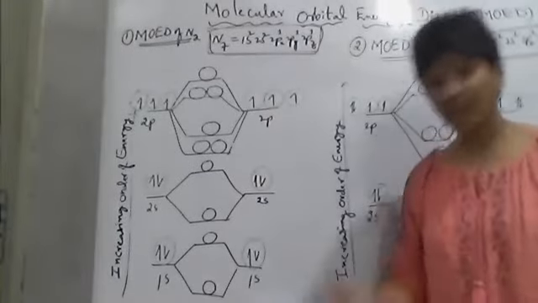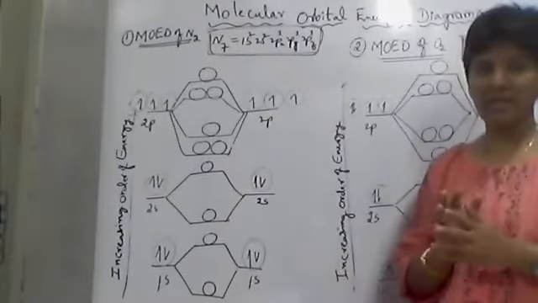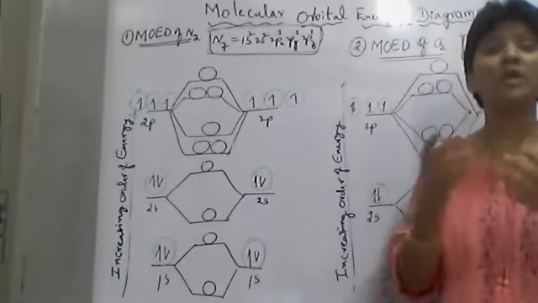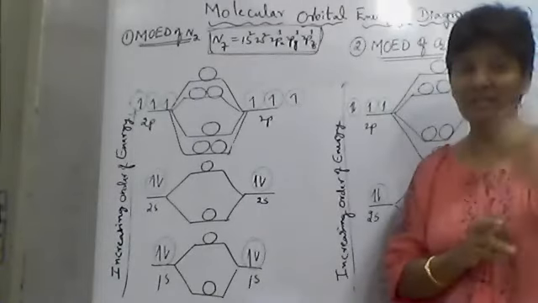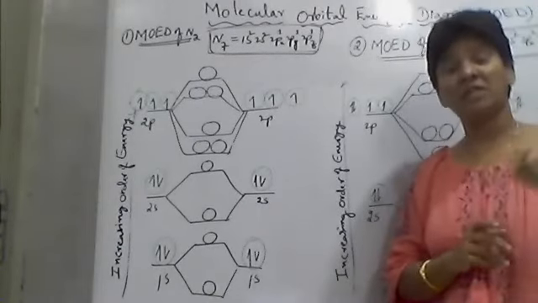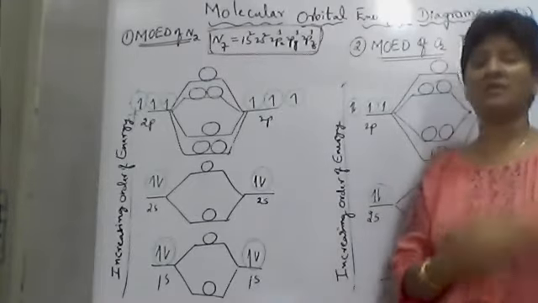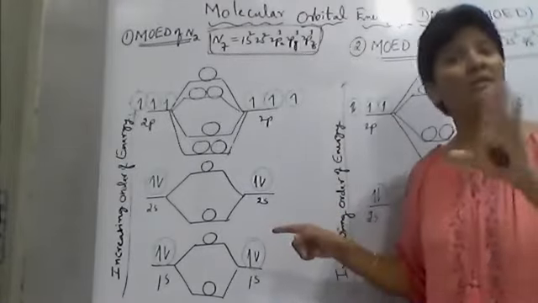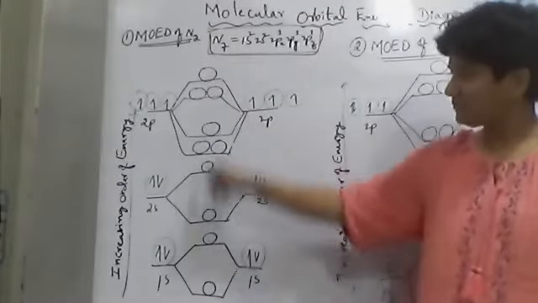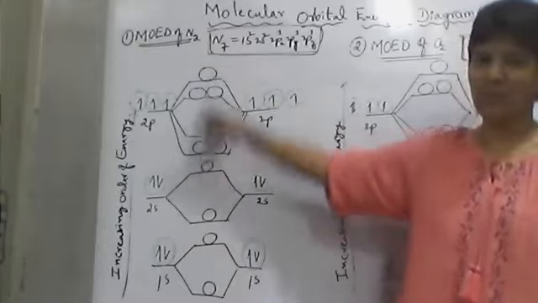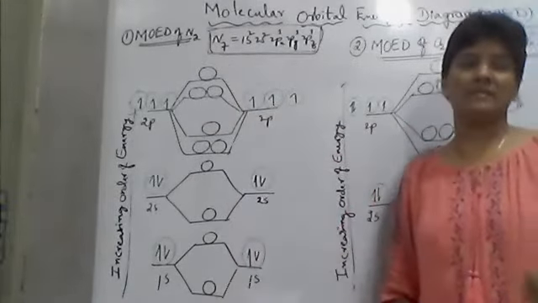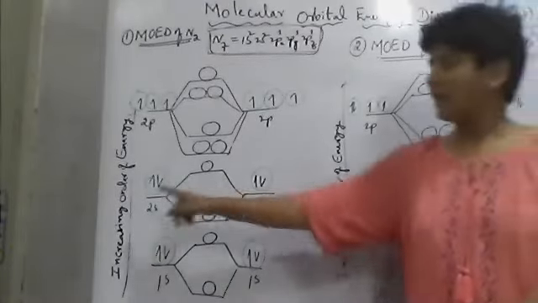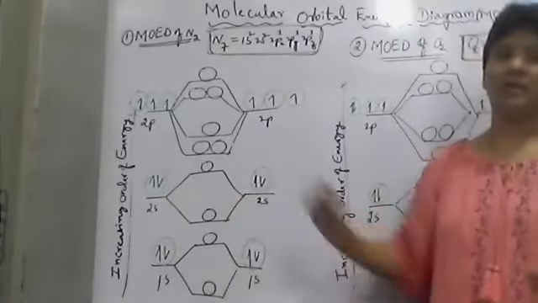After combination, you have to write the electronic configuration for the molecule. Generally we write electronic configuration in atomic orbitals, but here we have to write it for molecular orbitals. So the middle row, the black circles, indicates molecular orbitals. Atomic orbitals form a molecular orbital.